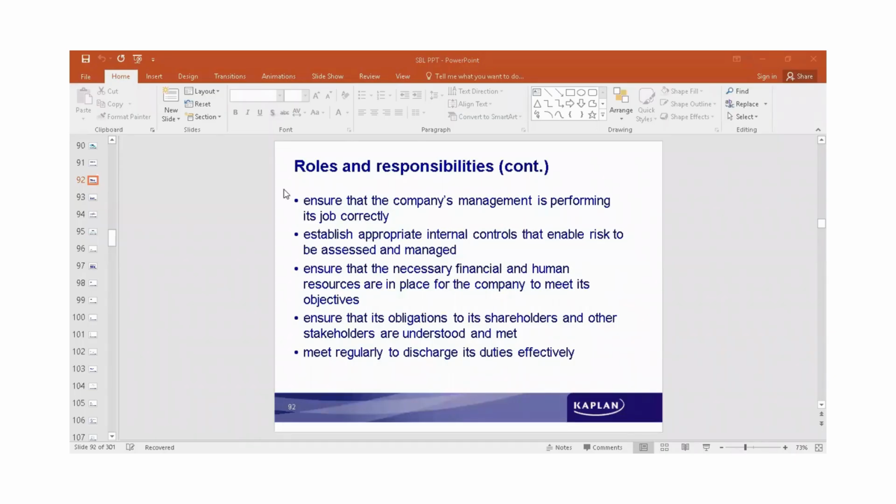The purpose of having NEDs on the board was to have an independent review to be taken up.